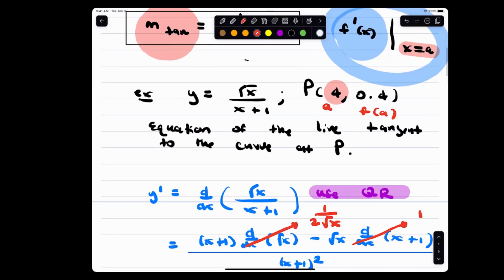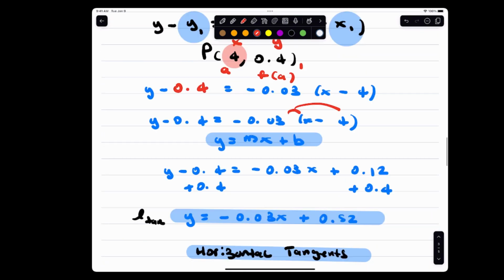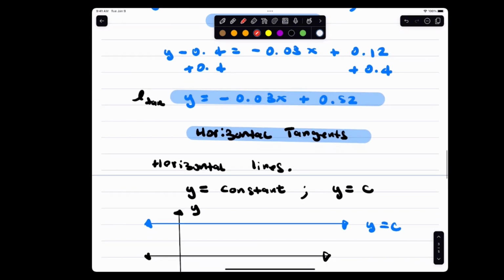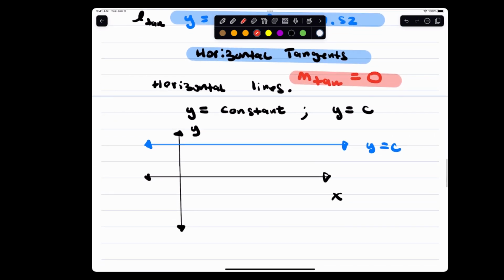So you might say, wait a minute. Horizontal tangent lines happen where m tangent equals what? 0. And if m tangent was defined to be the derivative at the point, then what you want to find is where the derivative equals 0.